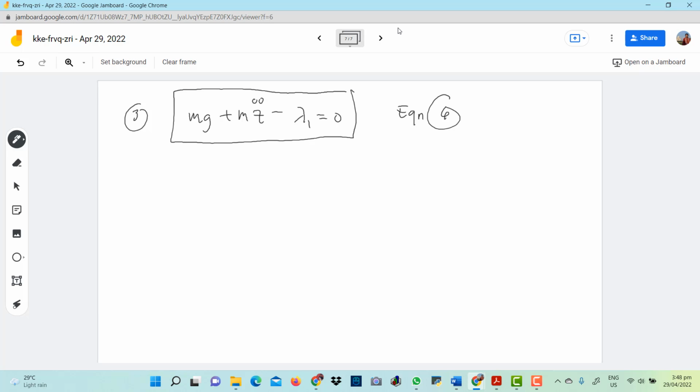If I use equation number 5 and equation 6, combine equation 5 and 6 to solve for lambda 1.